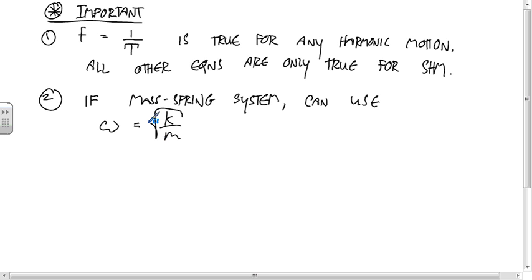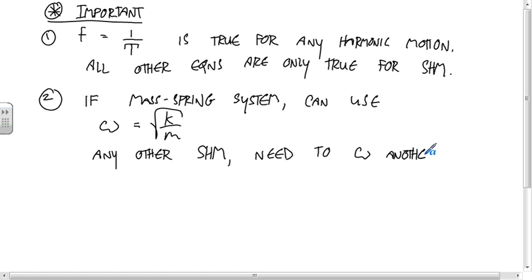If you're talking about any other type of simple harmonic motion, you need to find that omega value another way. You know, essentially, that one is kind of common sense when you think about the fact that k doesn't mean anything if you don't have a spring in your system. Okay, so for other simple harmonic motion, you need to find omega another way.